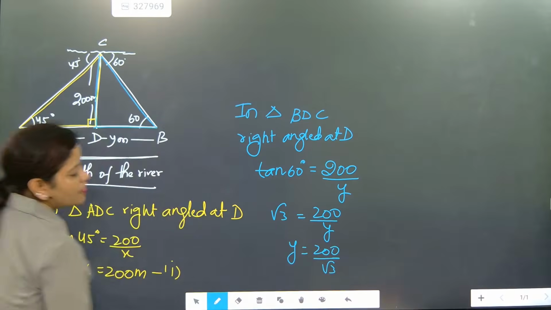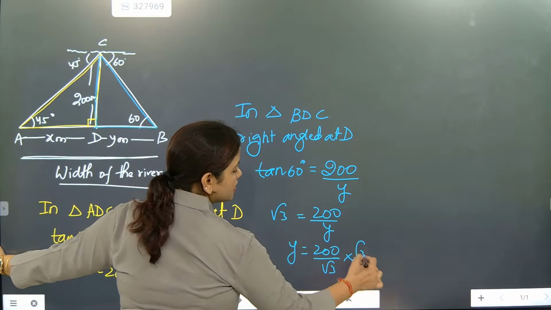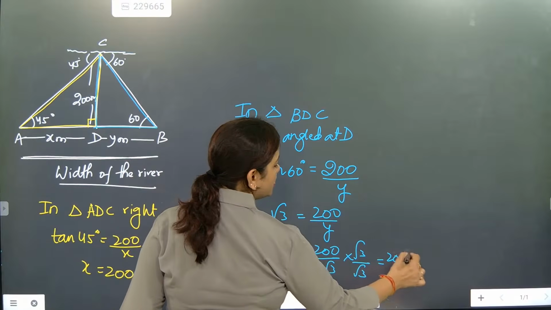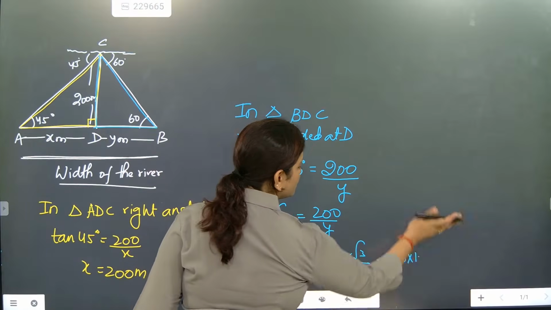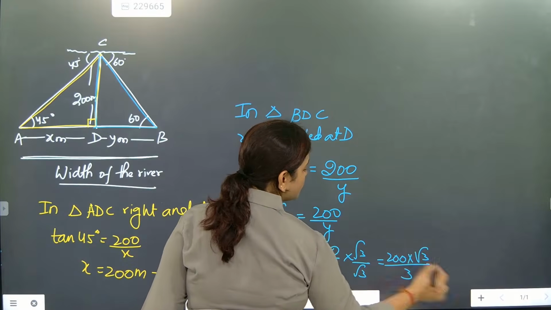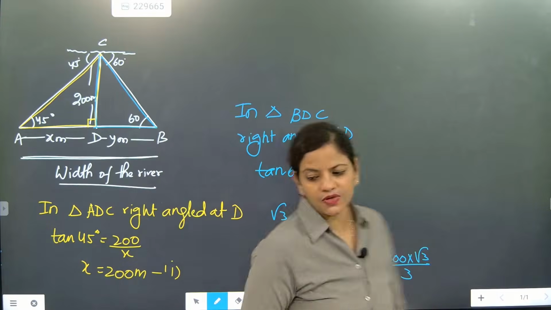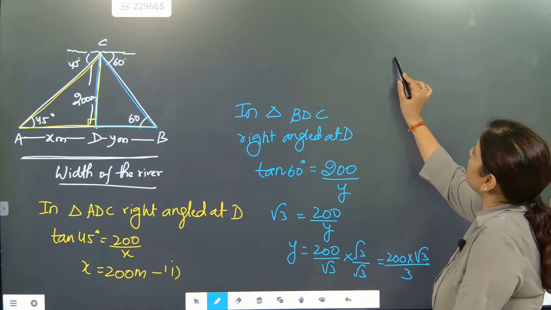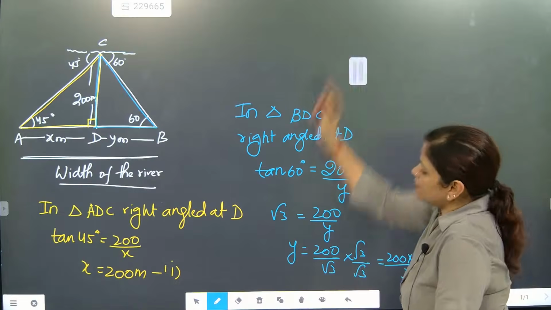So for the distance, how are we going to do it? We will rationalize it, root 3 and root 3. So y is 200 root 3 by 3. Now the total distance will come as how much? Absolutely correct, beta. The width of the river is the total distance.